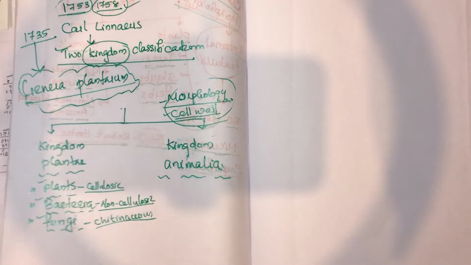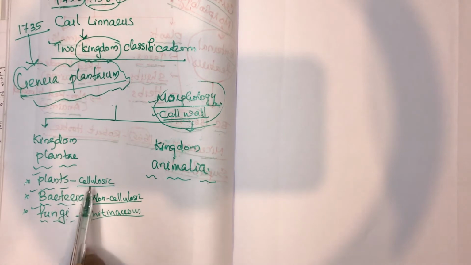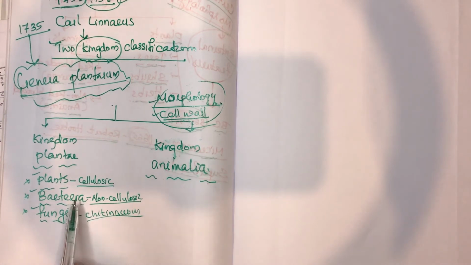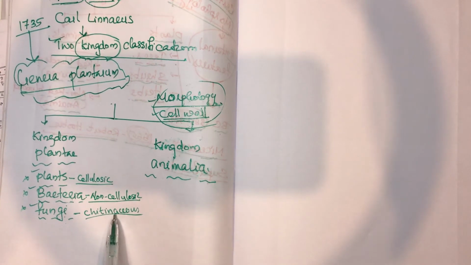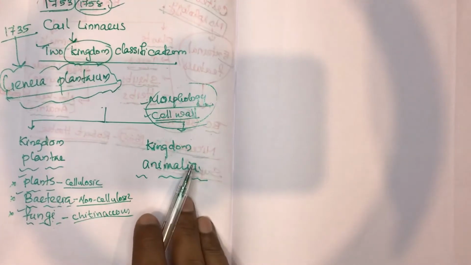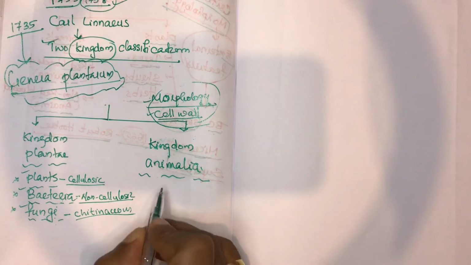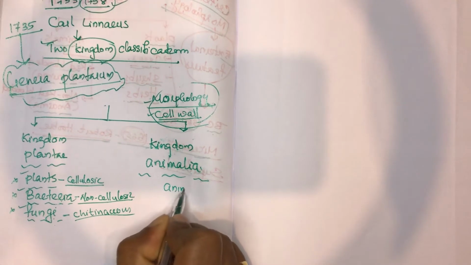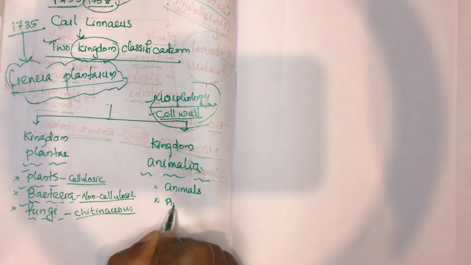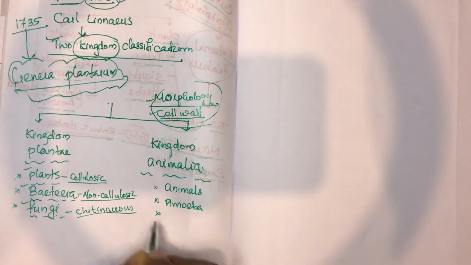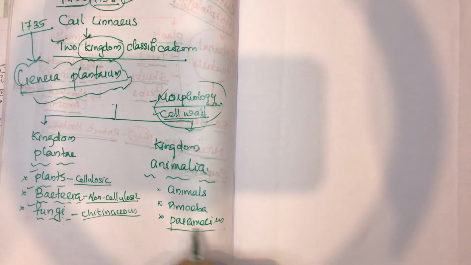Then kingdom Plantae members: plants have cellulosic cell wall present, bacteria have non-cellulosic cell wall present, fungi have chitinaceous cell wall present. Then kingdom Animalia, where animals are present, amoeba present, paramecium.